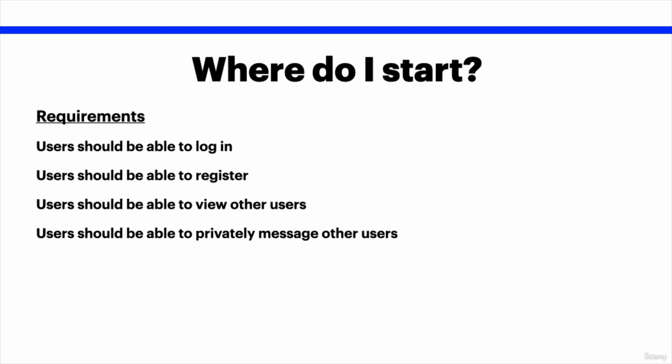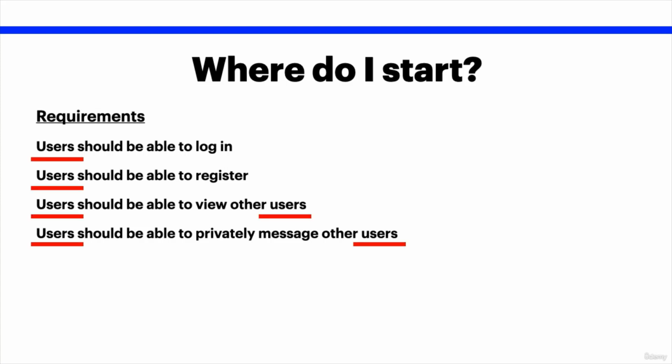A list of typical requirements for an application of this nature might involve things like: users should be able to log in, users should be able to register, users should be able to view other users, and users should be able to privately message other users. There's a certain word there that's used over and over again, and that's the concept of users.